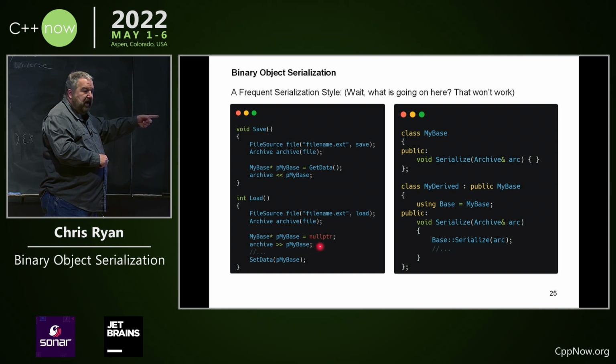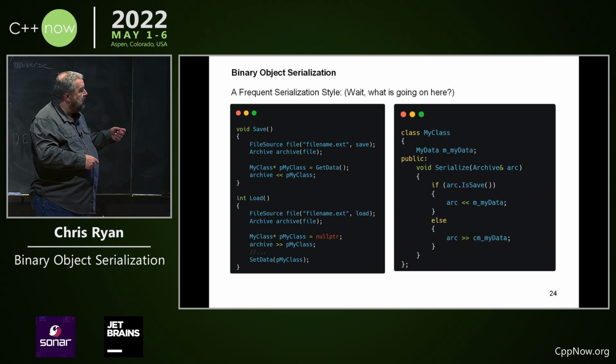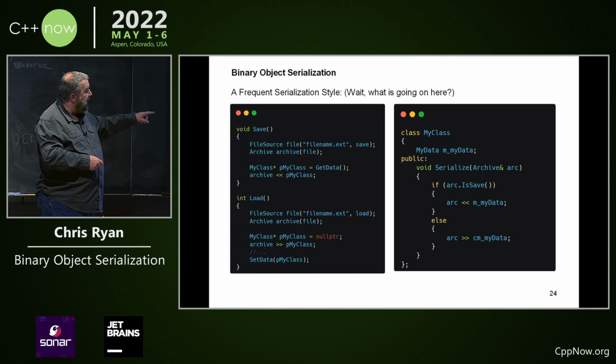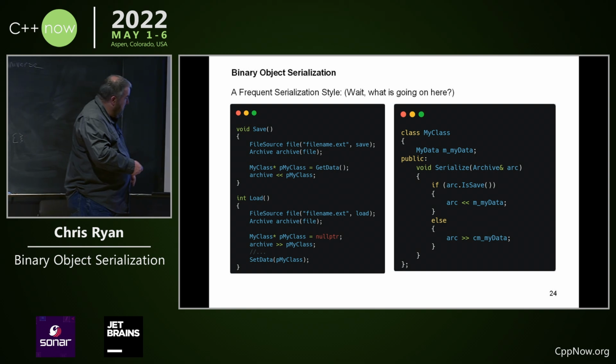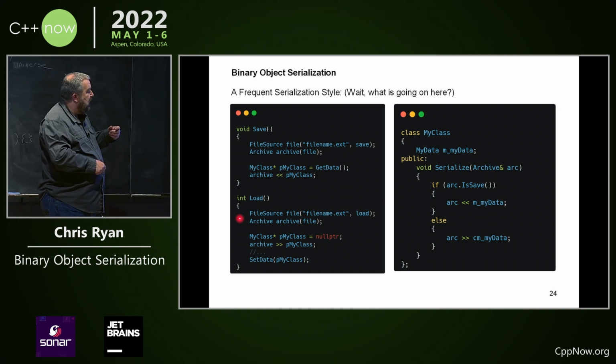First of all, I have to have a place to store it. If it's this type of class, a solid one-off class, based on the type of this object, I can just go ahead and new my class, because my deduction can figure that out. And then I can call serialize to stream into that.